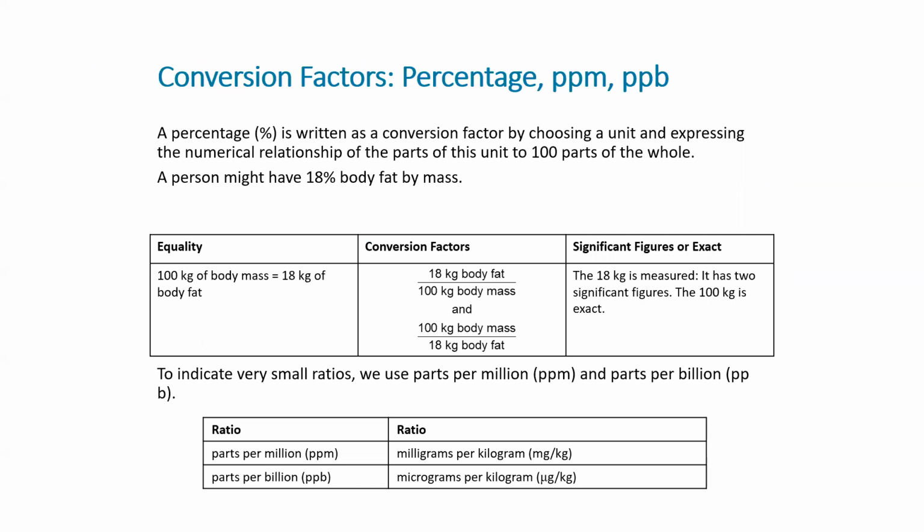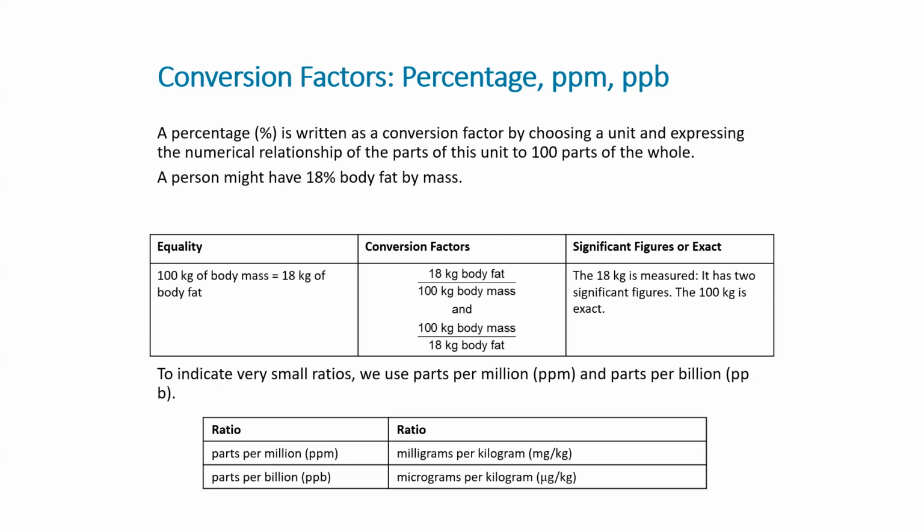We can actually write that as a conversion factor by just choosing a unit and expressing that unit in both the numerator and the denominator. So if we choose kilograms, we would use kilograms for both the numerator and the denominator, or grams could be both the numerator and the denominator. So we choose a unit and we express the percentage as a numerical relationship of the parts of this unit to 100 parts of the whole.